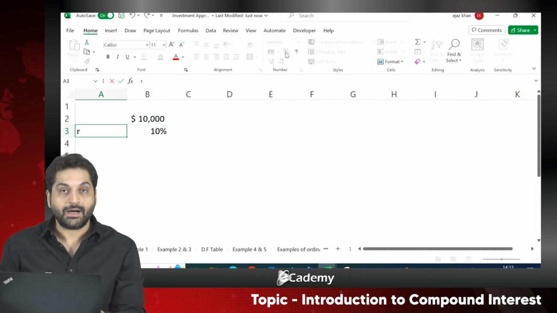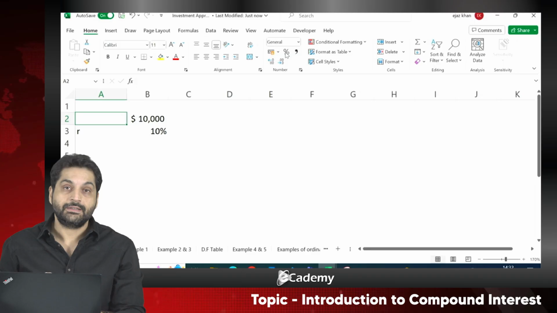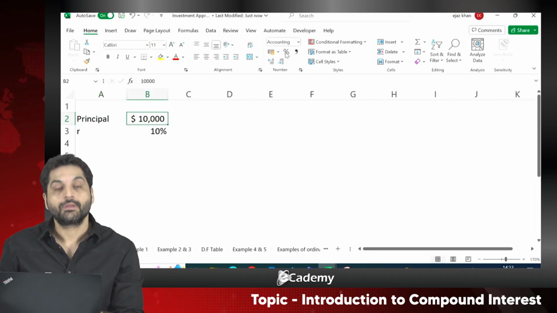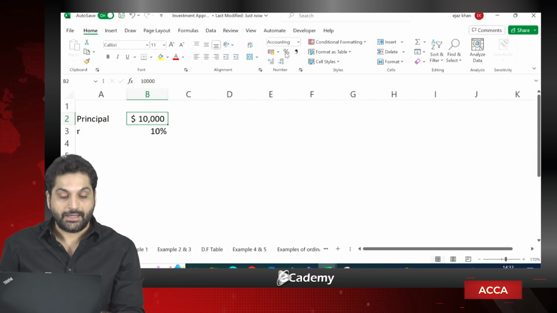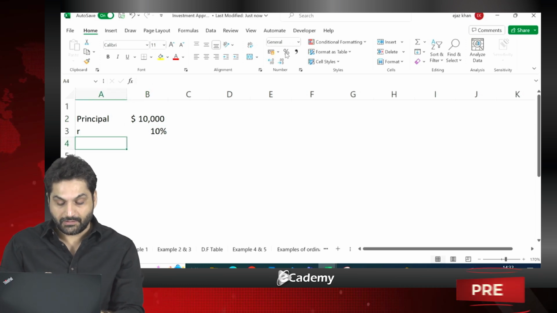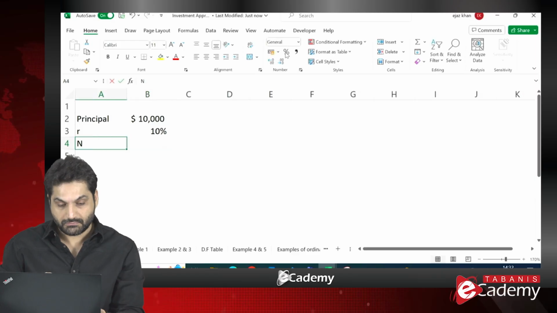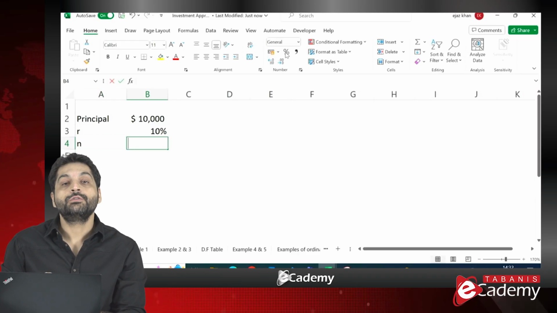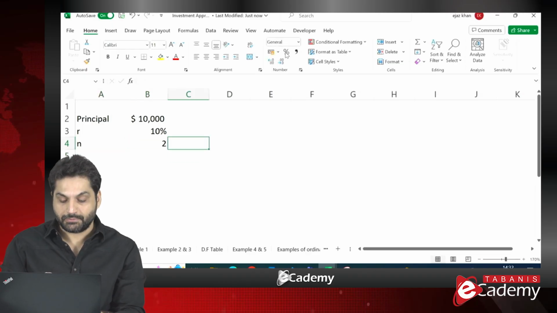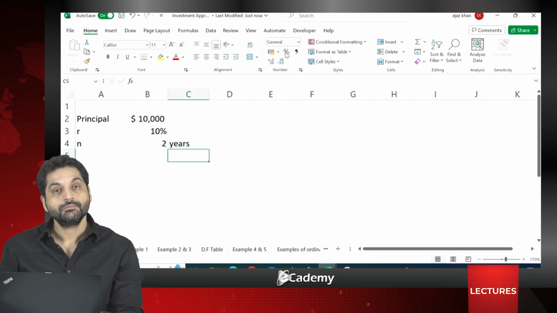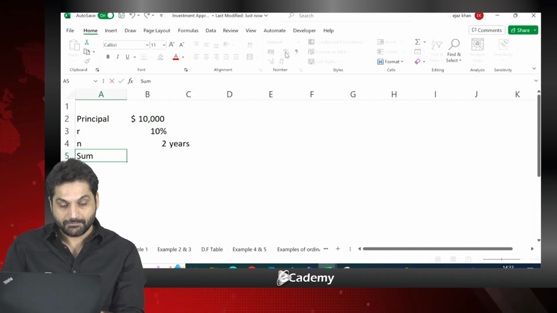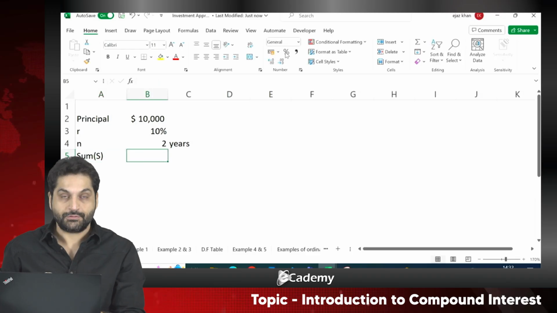Let us denote it by R, rate of interest, and the amount of investment required, we will call it principal for the time being, $10,000. And the life of the project is, say, 2 years, to keep it simple. And we need to find out what will be the sum after 2 years.